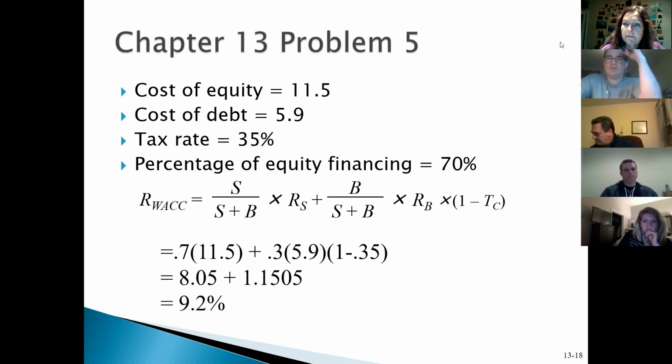I guess another question. The percentage of equity financing, is that for the project you're looking at, or is that for the company as a whole? And what if you're changing the way it's financed based on the new project? Okay, this is the percentage of equity financing for the company as a whole, and we're presuming the project has the equivalent amount of equity financing.